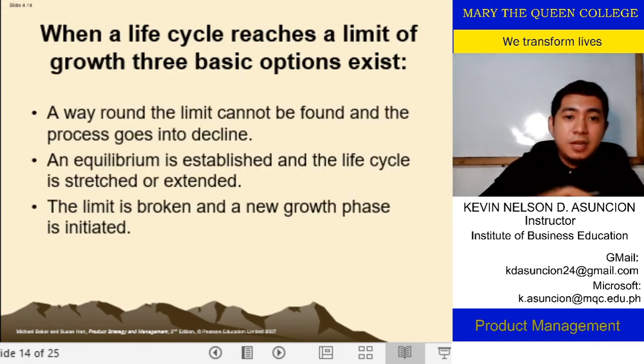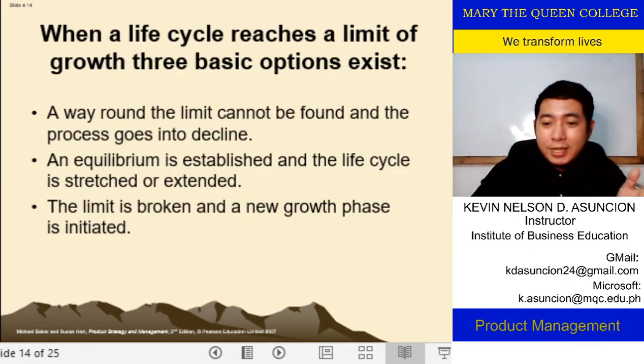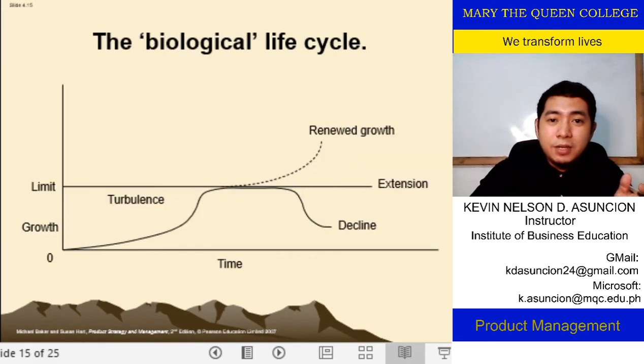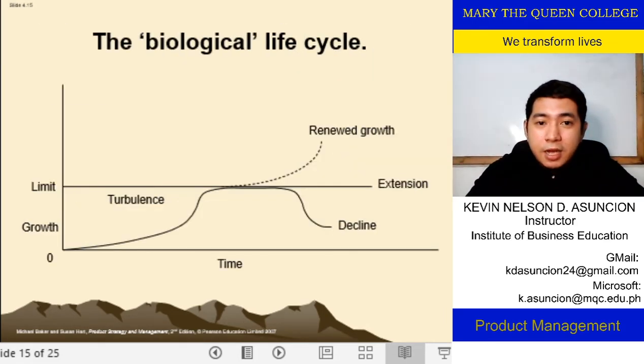And then lastly, the limit is broken and a new growth phase is initiated. So looking at the diagram, this is the third option and third situation that you can make intervention with.